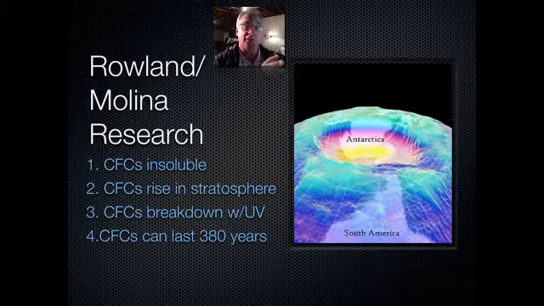Because it was able to recycle itself, it stayed, being unreactive and insoluble. The second thing is the CFCs could catch a ride with air currents, with some of the convection currents, and of course the vortex in the Antarctica.